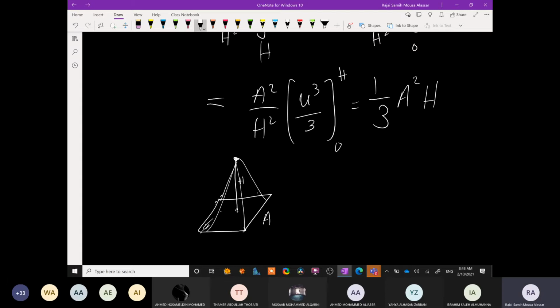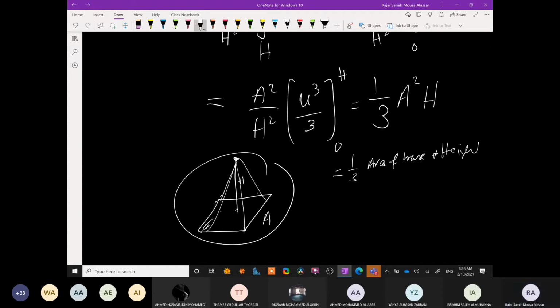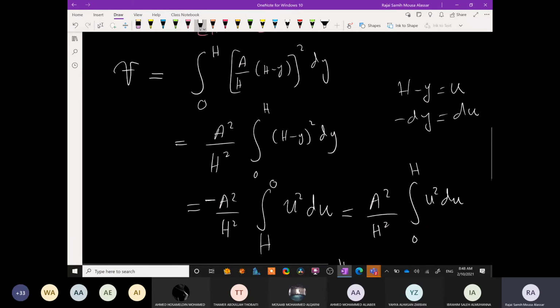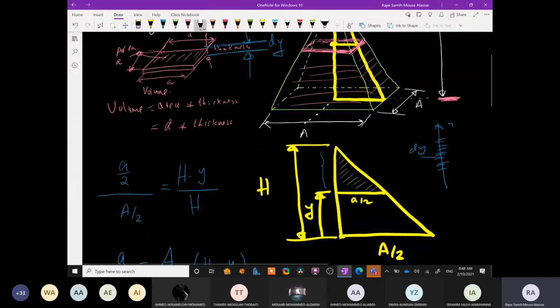So the volume of this pyramid is one third the area of the base, which is a squared, multiplied by the height. This is the one that you know from geometry in high school. Is that okay? Do you understand what that is now?